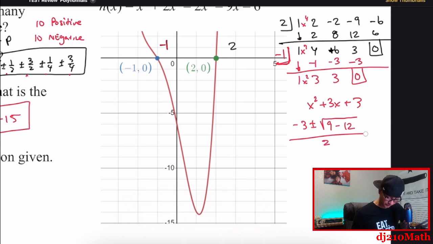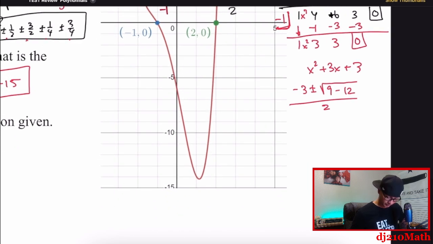Okay, so simplifying, we're going to get -3 plus or minus the square root of 9 minus 12, which is -3. So negative inside the square root, that's going to come out as an i. All over 2.